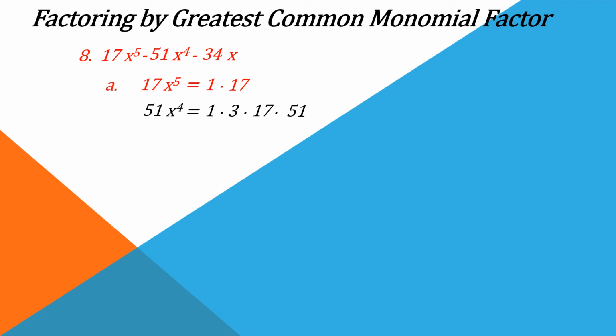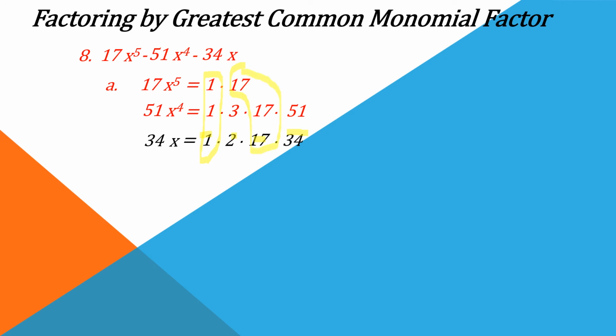It means our factors are 1 multiplied by 51 or 3 multiplied by 17. For 34x, we have 1, 2, 17, and 34. It means 1 multiplied by 34 or 2 multiplied by 17. Therefore, our common numerical factors are 1 and 17.